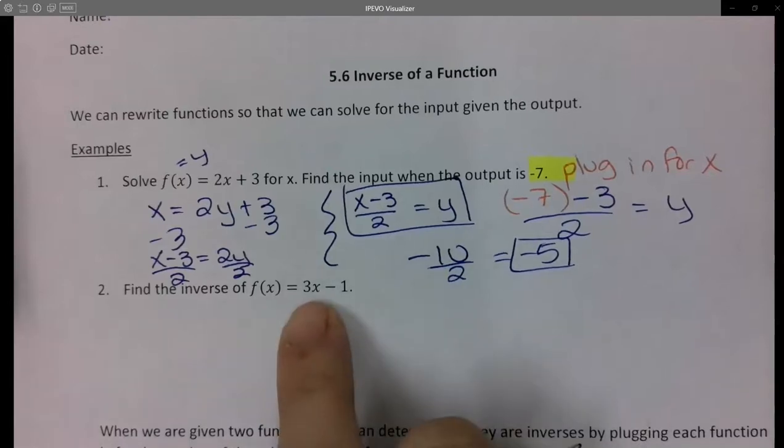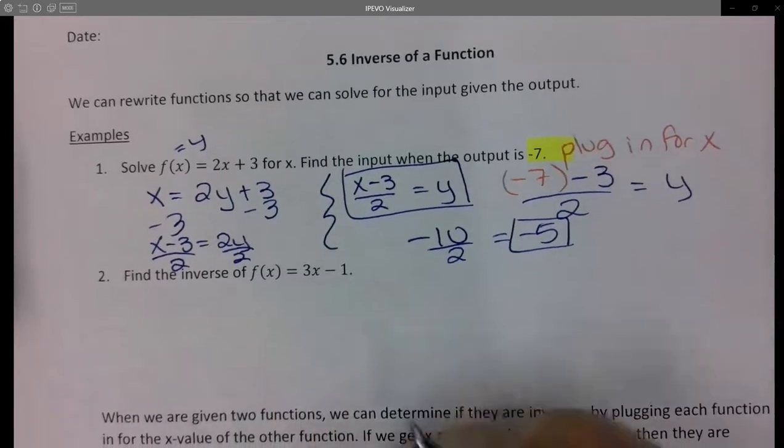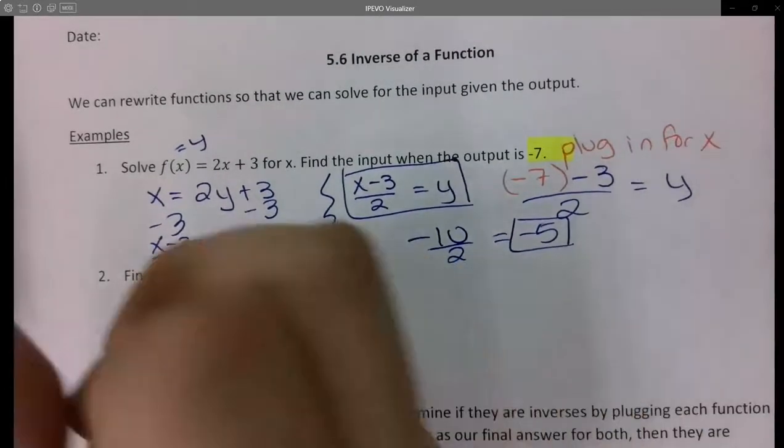Okay, number 2 wants me to find an inverse. Just find the inverse. So I am going to start off by switching x and y.